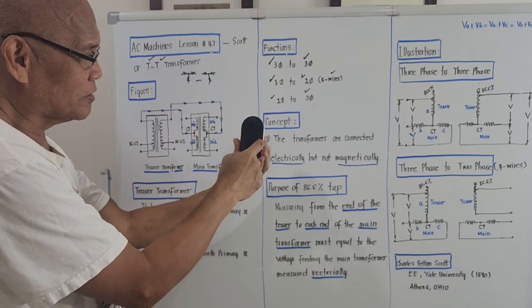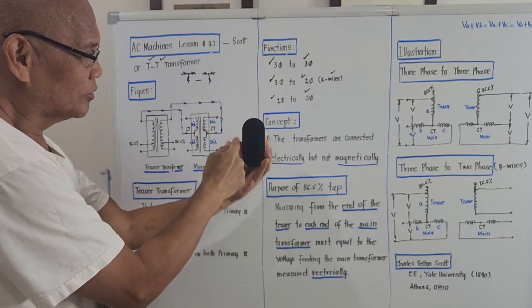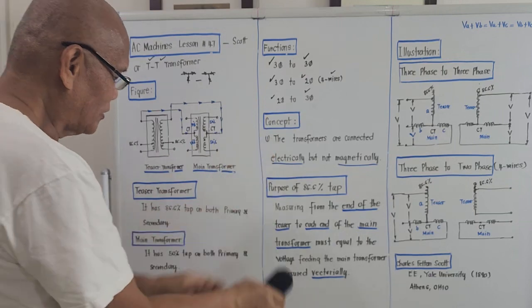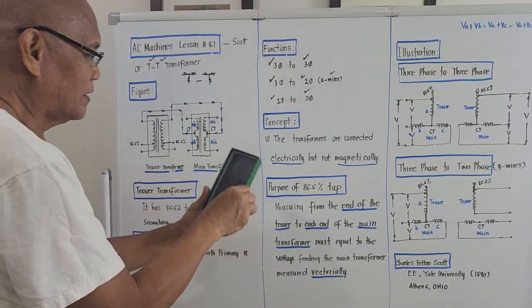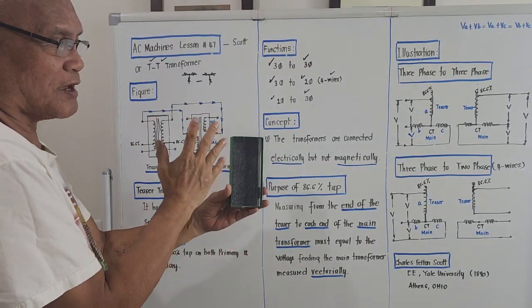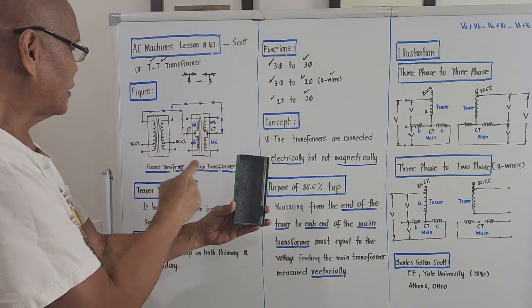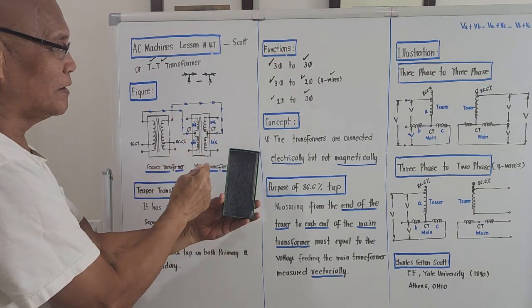One of the terminals is the center tap, so there are 2 center taps. For the teaser transformer, there is a tapping called the 86.6% tapping.